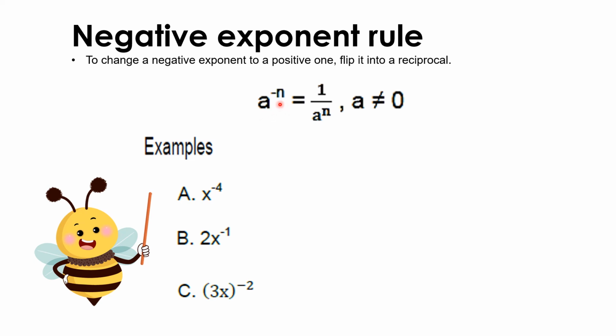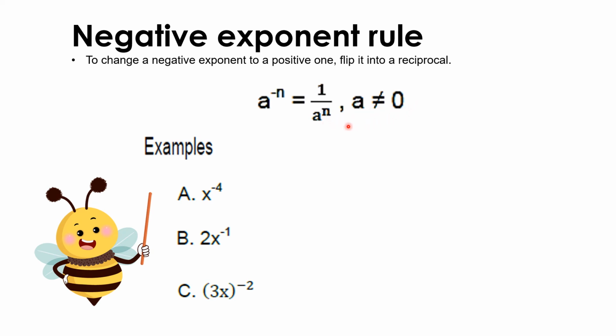To make the exponent positive, we just get the reciprocal of a, which is 1 over a. Then that exponent will become positive. Imbis na negative siya, since na-flip na natin, we have an answer of 1 over a raised to n, where a should not be equal to 0.